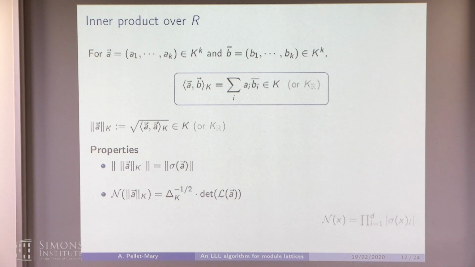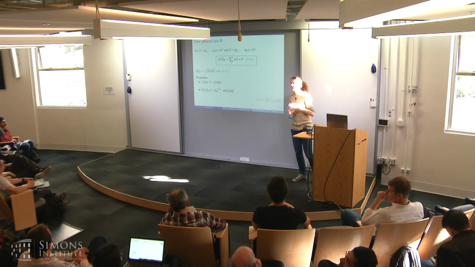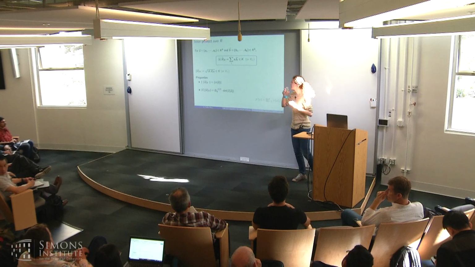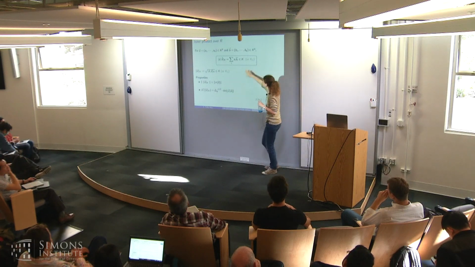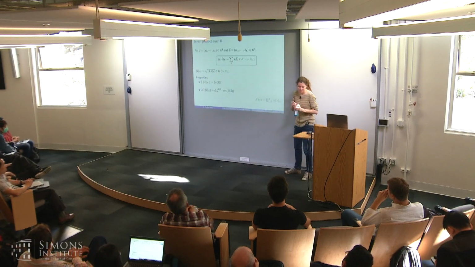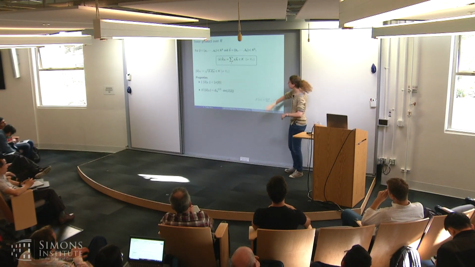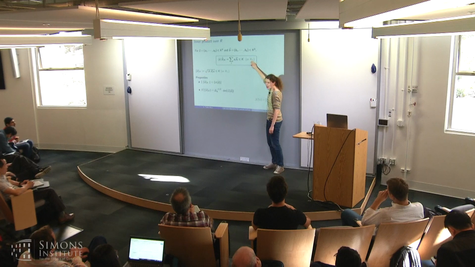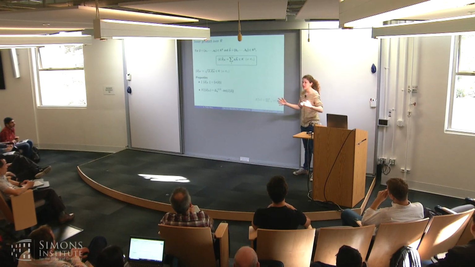This quantity doesn't always lie in the field K, right? Yes, for both the conjugation and the square root, I'm making the assumption that it is in K. It's usually not. The thing is, we are not going to work in K, but in the completed field K_R, where we consider the completion with R of the number field.